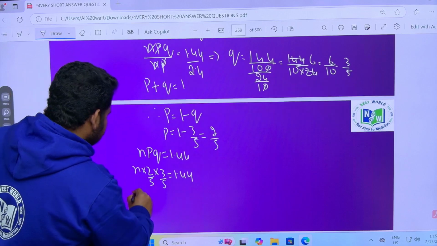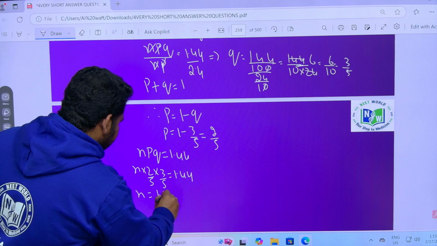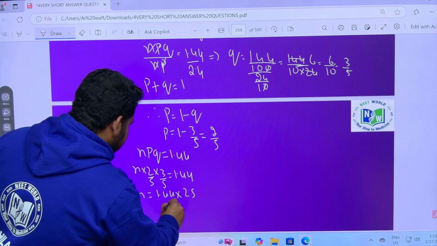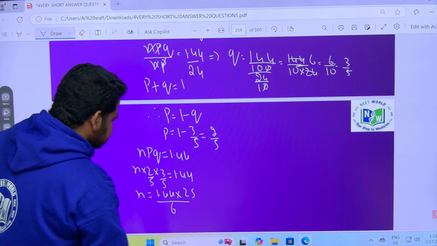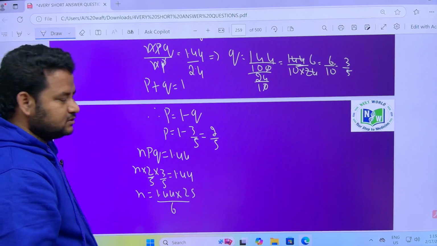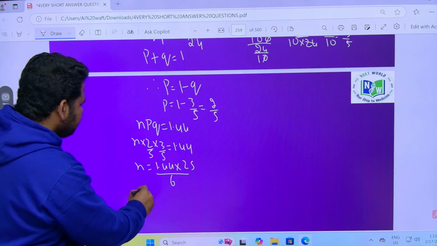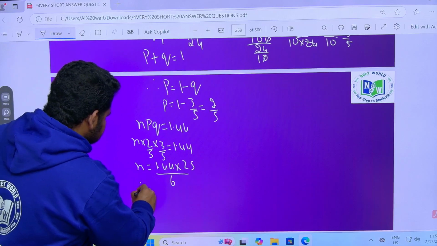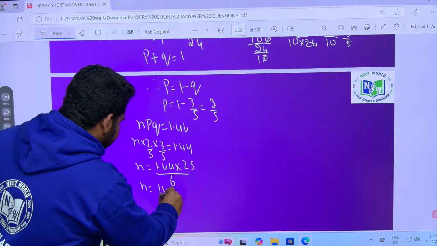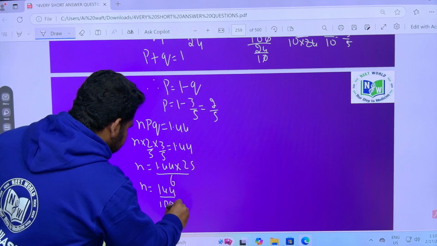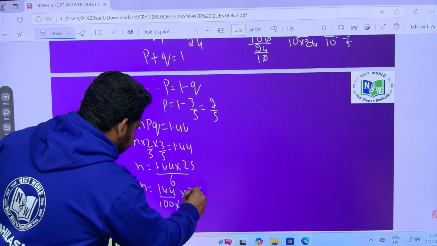So n will be equal to 1.44 into 25 divided by 2 threes are 6. So 1.44, I can write it as 144 divided by 100, into 6 into 25.